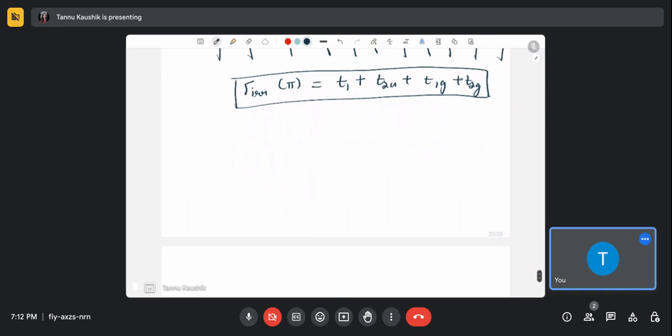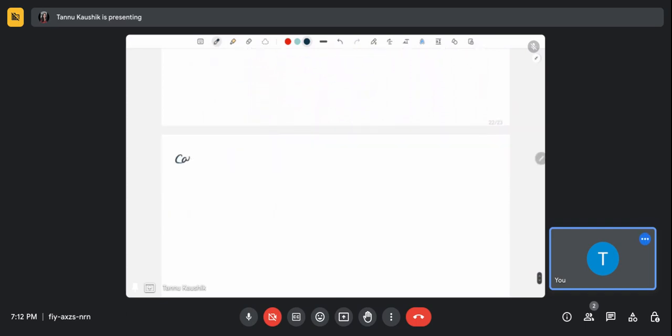So here, case 1, for pi donating ligands.